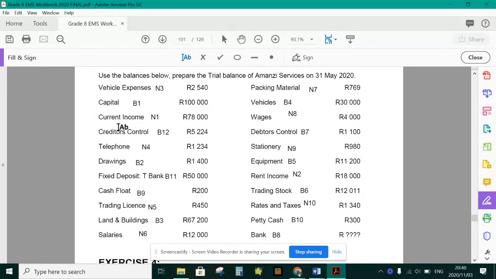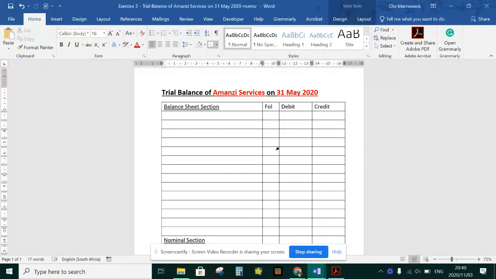We then are going to fill it in. Capital is B1. On the balance sheet, we've got capital B1 and drawings B2.